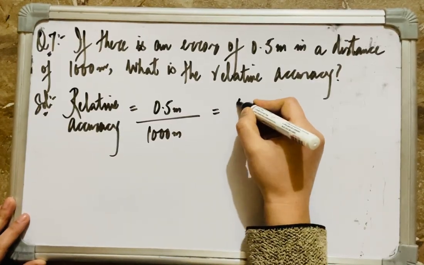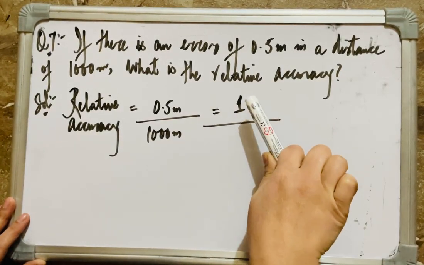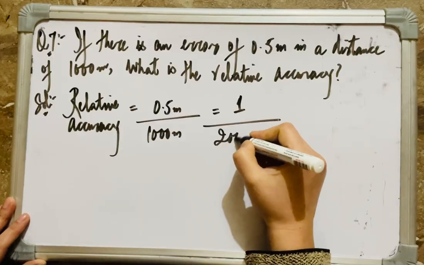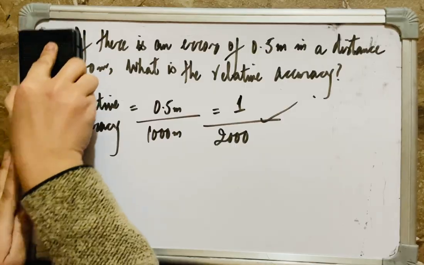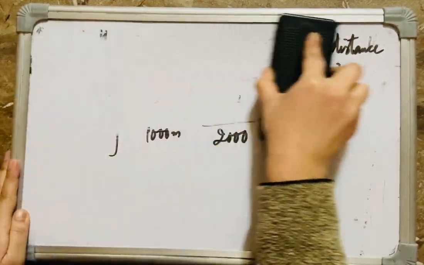By calculation, as I always express my numerator by unity, it is equal to 1 by 2000. So my relative accuracy is 1 by 2000, which means that there is an error of 1 unit in every 2000 measured units. All right. Moving on, let's do the next question.